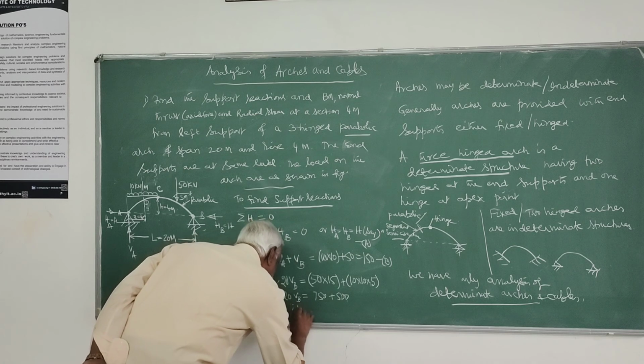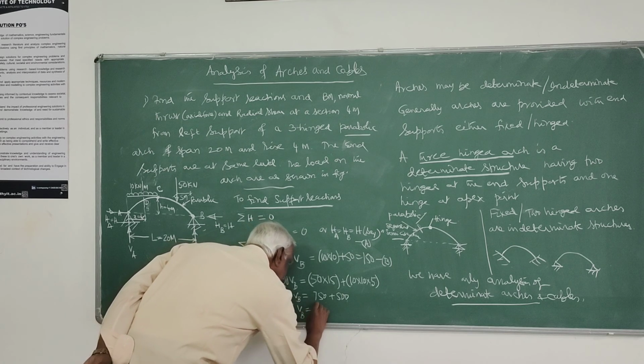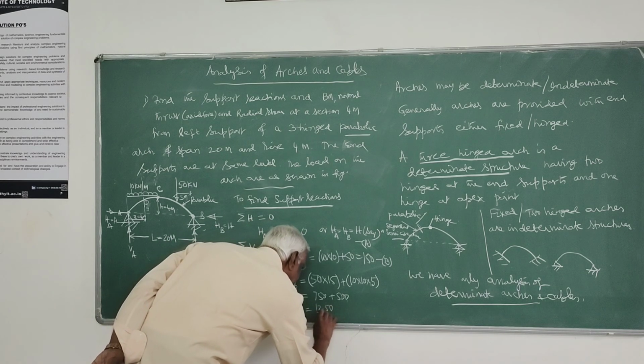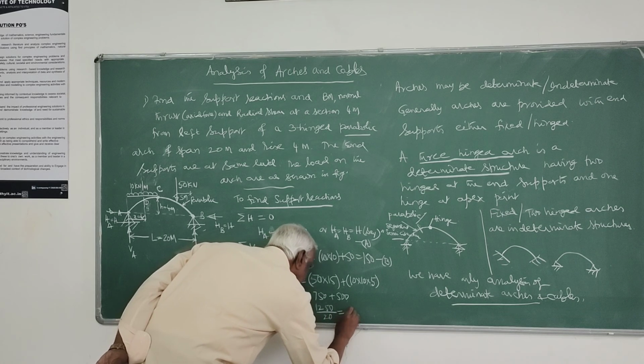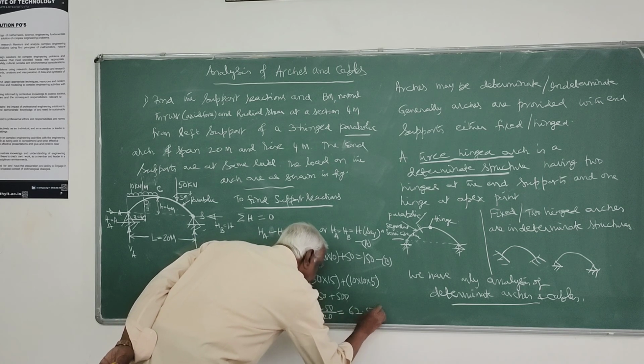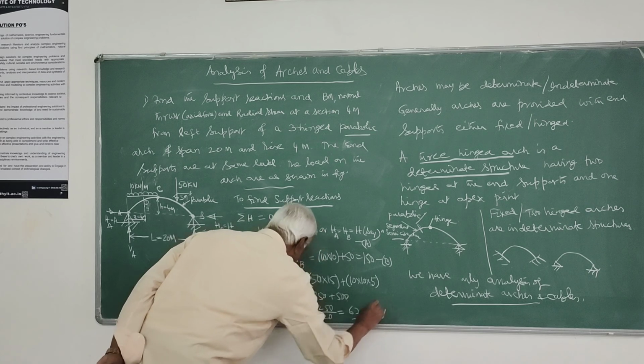Therefore, VB equals 1250 divided by 20, that is equal to 62.5 kilonewtons.